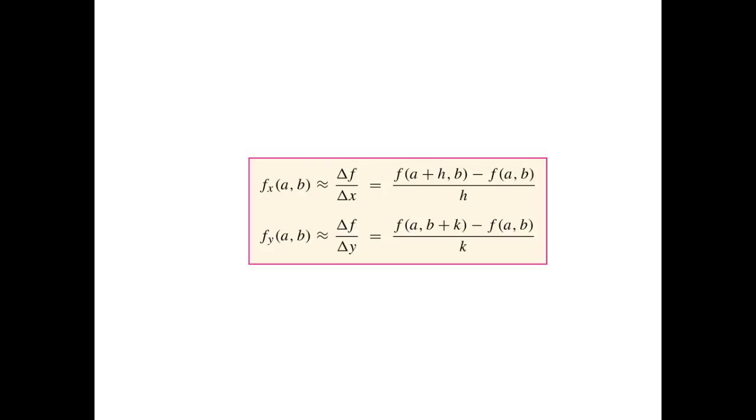How does F change with the change of x? So that is what we're talking about here. And here, they're going back to H rather than delta x. Fine, sure, I don't know why they don't, but that would be the difference quotient of alpha of A plus H, B minus alpha of A, B over H. Okay? That would be approximately what this is. And alpha with respect to Y would be that. You just left off the limit is really all you're doing in making an approximation here. Okay?